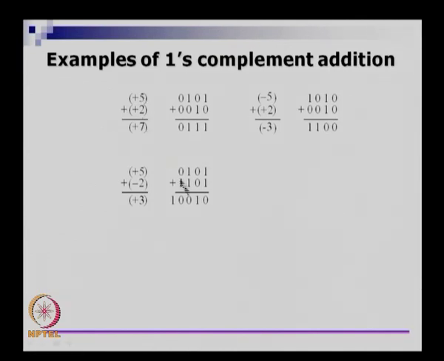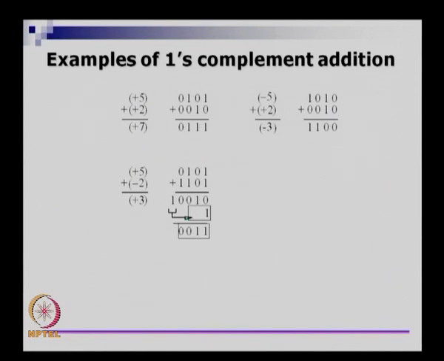When we add these two, we are generating some carry outside. We take this carry and add it to the last stage, and that will result in 0 0 1 1. So, we know that plus 5 added to minus 2 is plus 3.